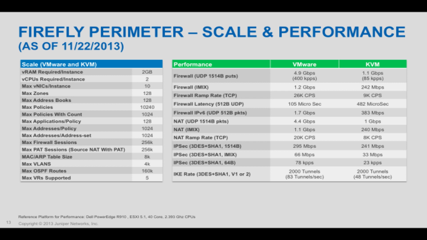And there are also many times where you have multi-department firewalls and just the need to instantiate one of those Firefly Perimeters for each department, and not huge bandwidth requirements for those types of deployments. So it depends on your use case. It's important to understand that, and you can see the performance here, and of course Juniper's always striving to push the boundaries on these things.